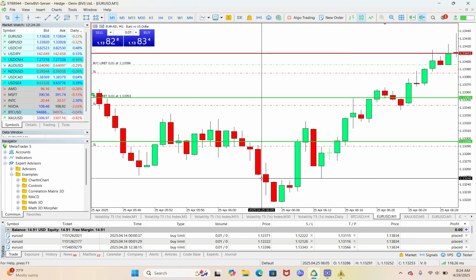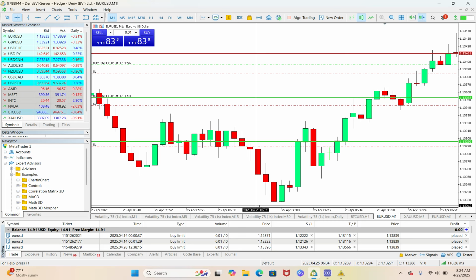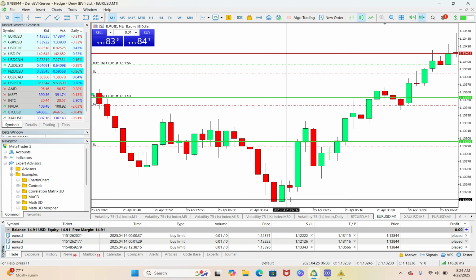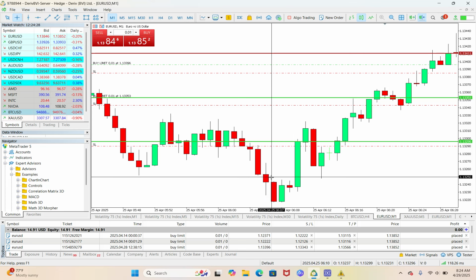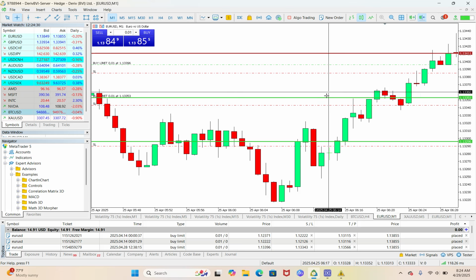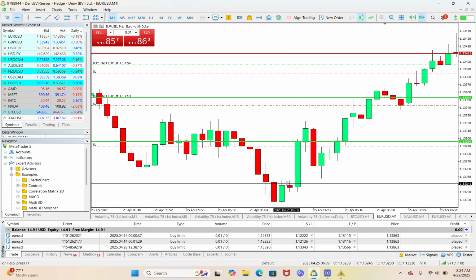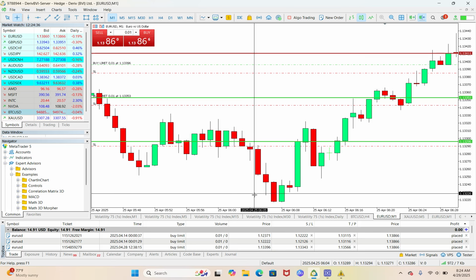So chances are more buyers are in this area. When the market comes back, it might be able to push the market up, hopefully just enough to give us a 1 to 3 risk to reward, putting us in profit.